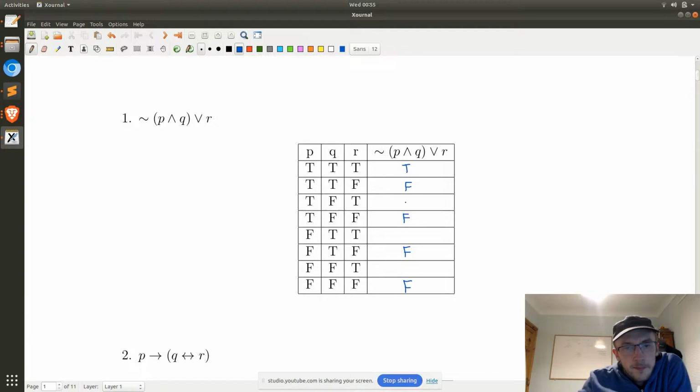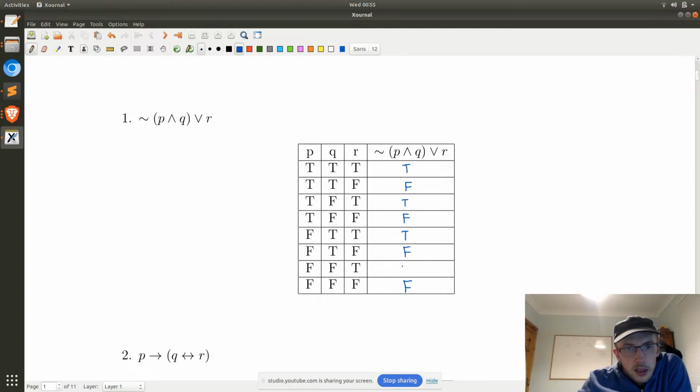And here, true and false is false, and that's true, and then true or true is true. False and true is false, and so not false is true, and true or true is true.